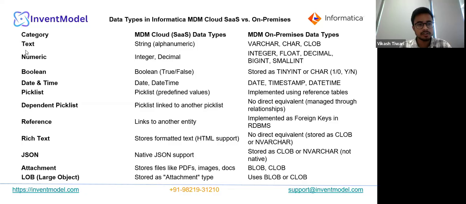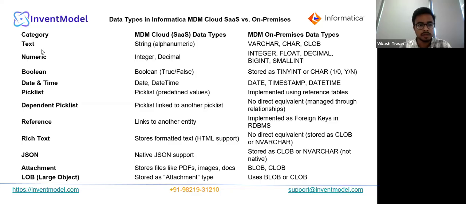For text in the cloud, we use string, alphanumeric. But in on-premises, we use varchar, char. If you have hands-on practice with on-premises, then you can understand varchar. For numeric, we use integer, decimal in the cloud, but in on-premises we use integer, float, decimal, big integer, and small integer.